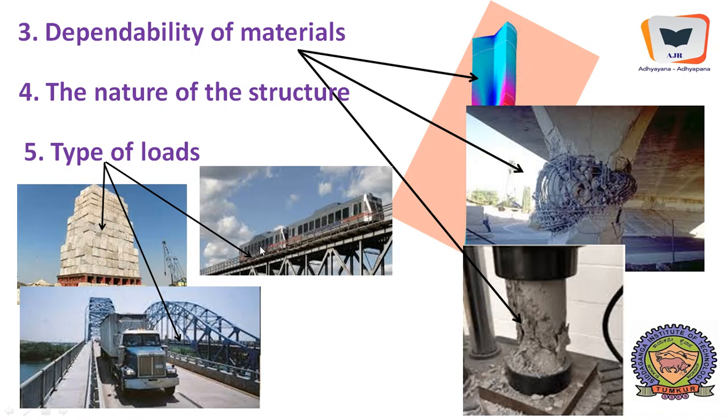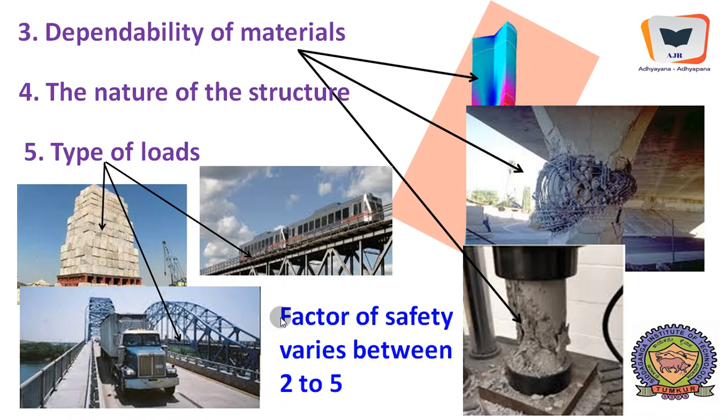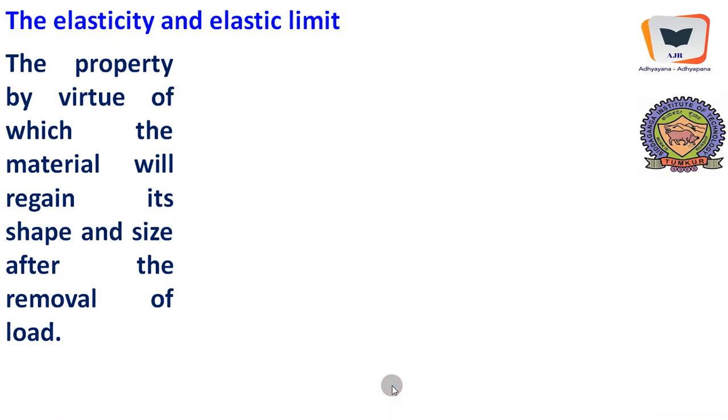Therefore, any component or structure which has to sustain dynamic loads will have to be designed for a higher factor of safety when compared to a structure which will be taking static load. Nevertheless, factor of safety varies between 2 and 5: a maximum of 5, a minimum of 2.